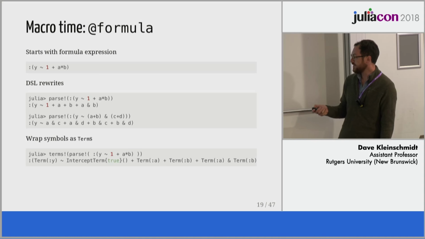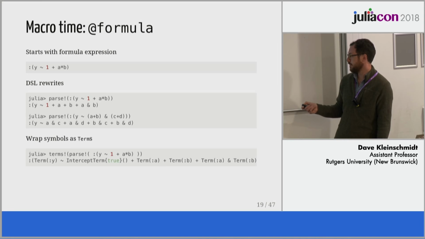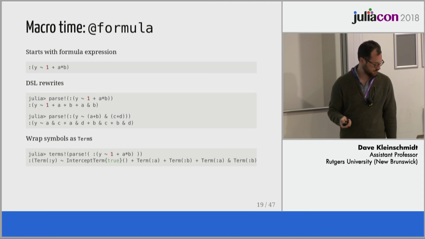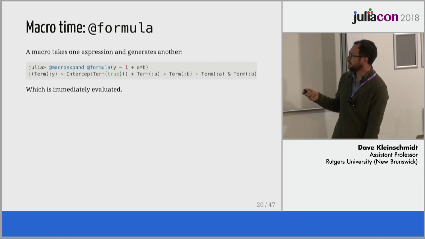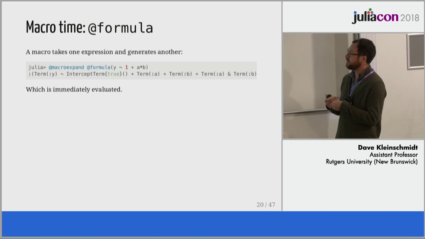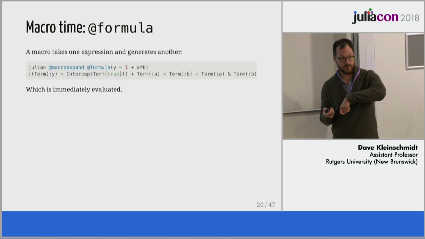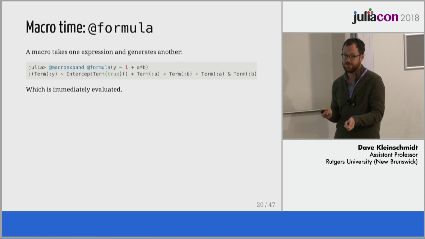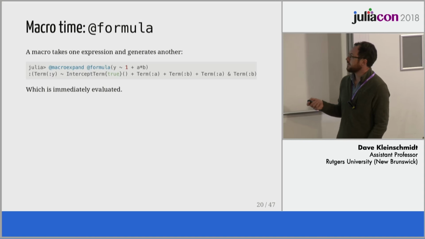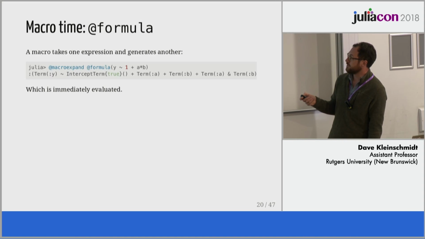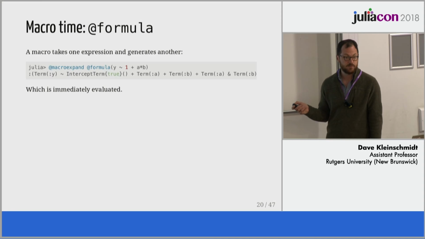So now at the end here, we just have an expression that's just these Term objects as arguments to normal Julia operators, right? Okay, so remember what a macro does. A macro takes one expression, transforms it to another expression, and then immediately compiles and evaluates that code, right? So if you just use macroexpand to introspect what the formula macro is doing, it's doing exactly what I just showed you, right?